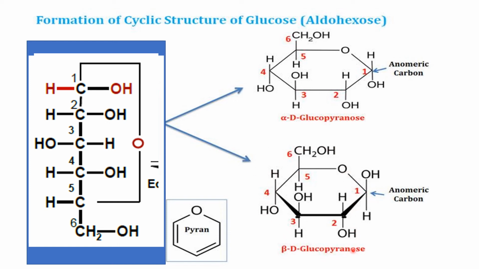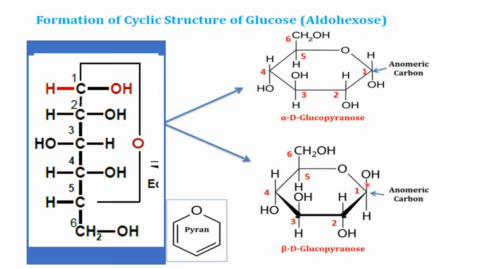There is no change. So like alpha D glucose and beta D glucose, we have alpha D glucopyranose. Why is it pyranose? Because alpha D glucose is correlated with the pyran molecule to have alpha D glucopyranose. Similarly, we have beta D glucopyranose.